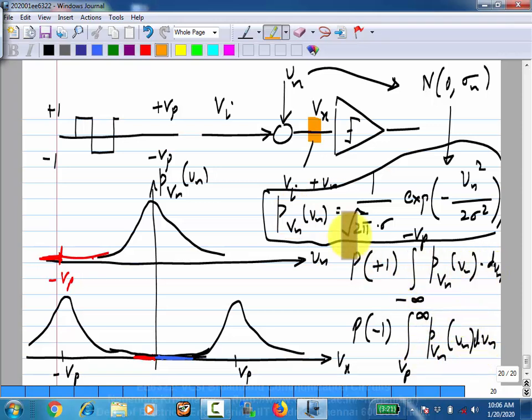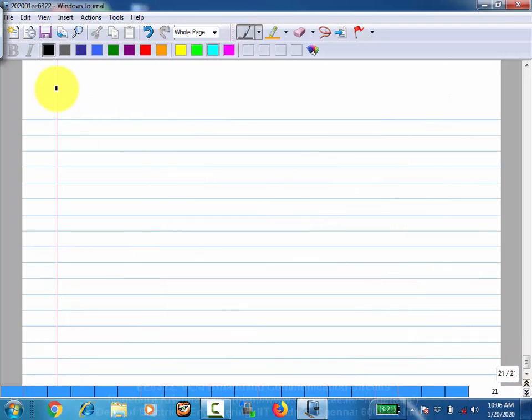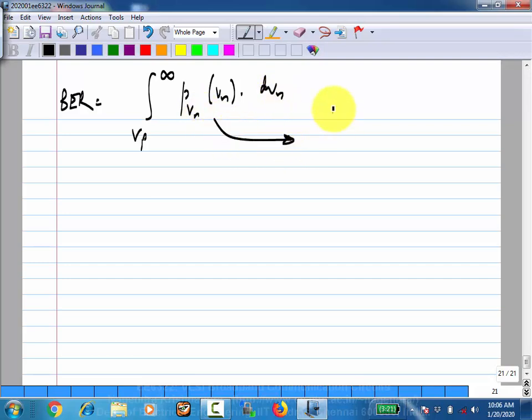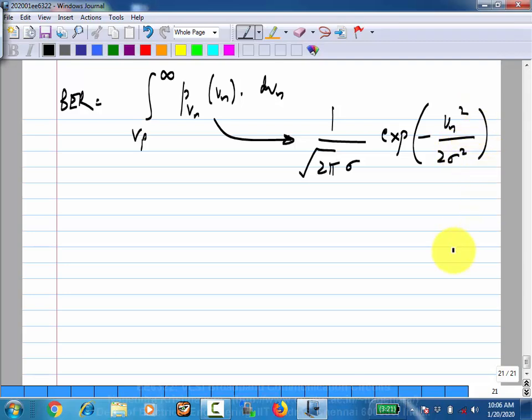Okay. So the bit error rate is nothing but the integral where this function is 1 over square root 2 pi sigma exponential minus Vn square by 2 sigma square. Okay.